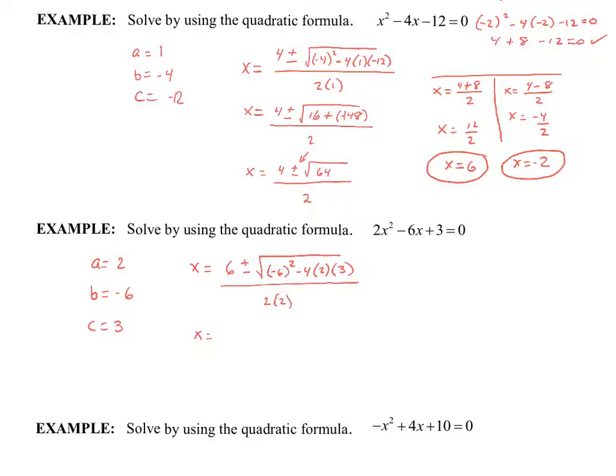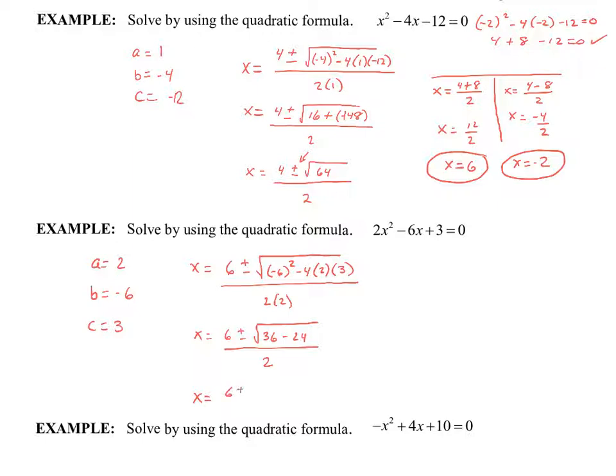I'll start simplifying underneath the radical and also the denominator, so 6 plus or minus the square root. Negative 6 squared is positive 36, and this becomes positive 36 minus 24. And the whole thing is over 2. Okay? And so I can simplify my radicand.